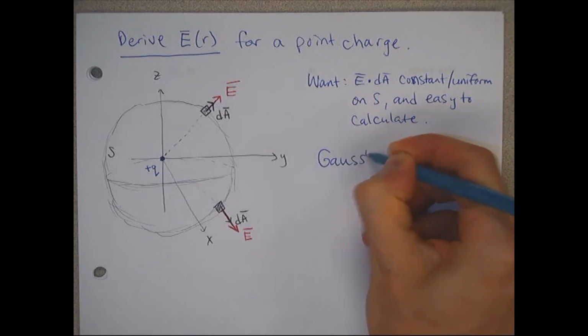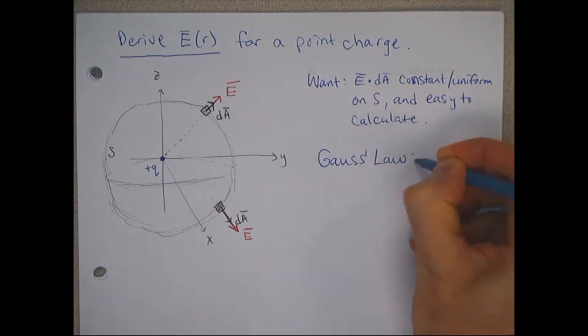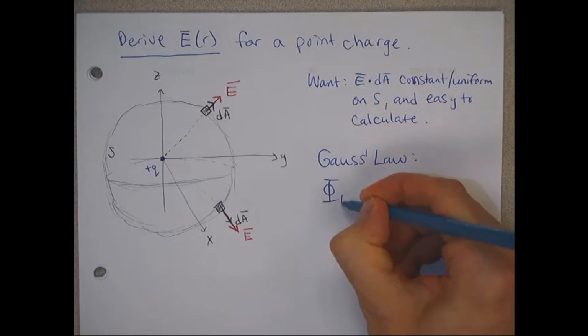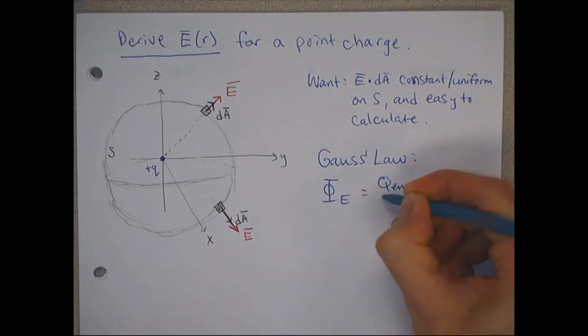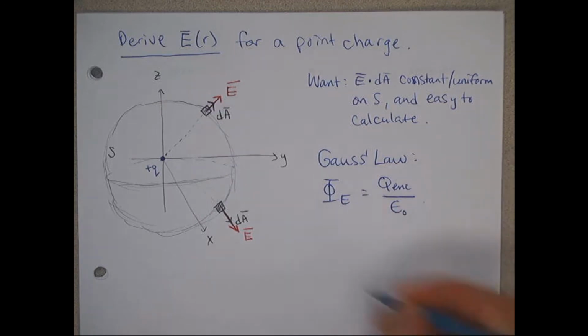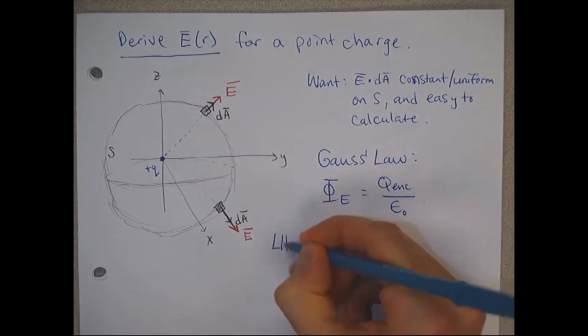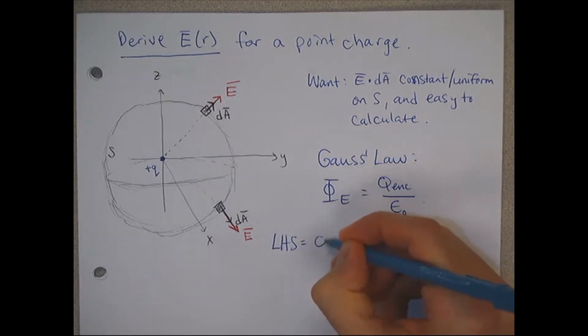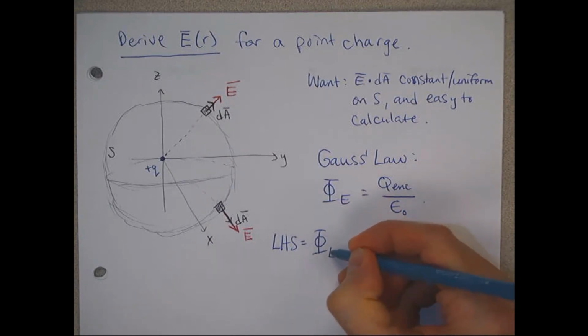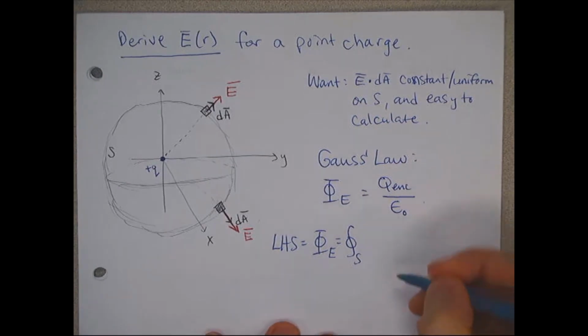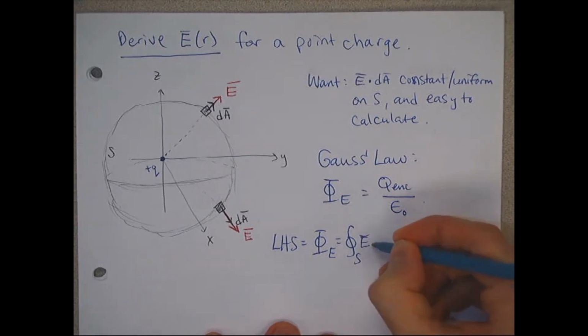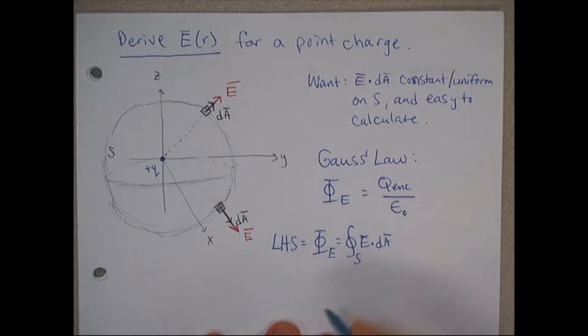So here Gauss's law: left-hand side is electric flux, right-hand side is Q enclosed over epsilon naught. Our left-hand side is straightforward. On the surface S, we must integrate E dot dA.